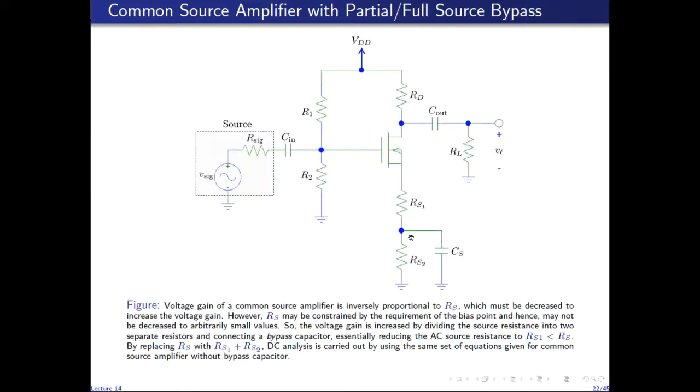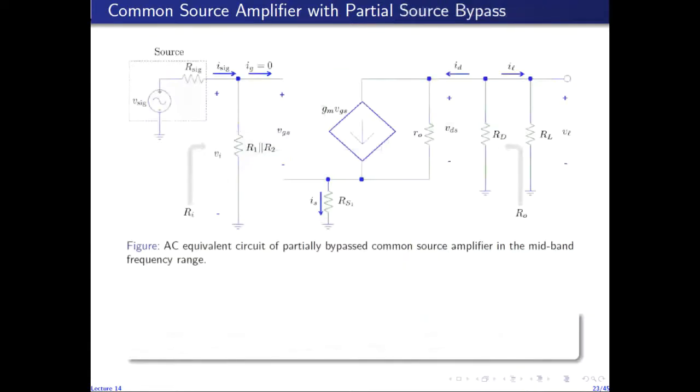However, at AC, like I said, this capacitor will be short-circuited and the AC equivalent resistance in the source branch will be equal to RS1, which is smaller than RS. Hence, since the gain is inversely proportional to the AC resistance in the source branch, and since that resistance is now reduced, the gain will be increased.